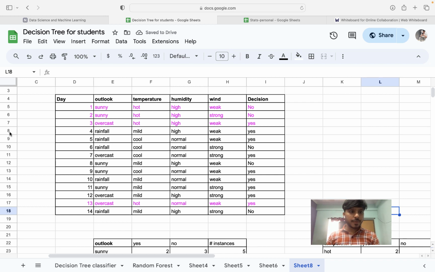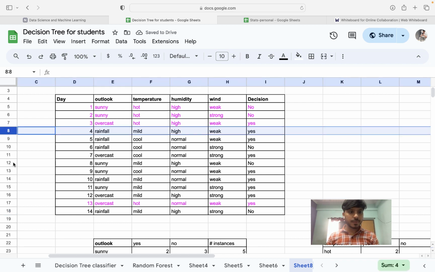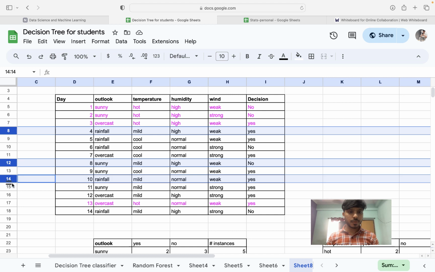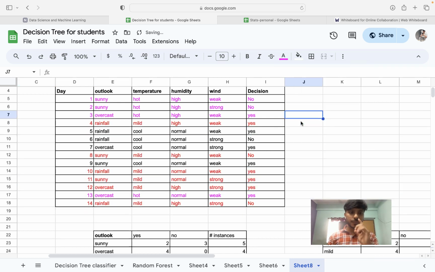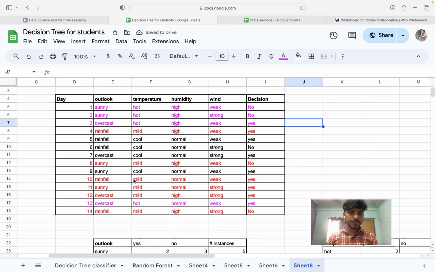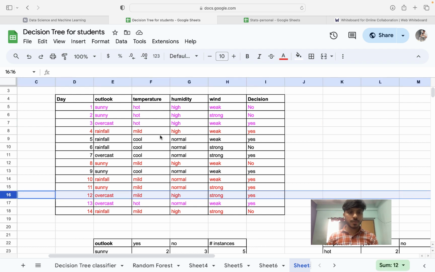Now the mild ones: mild, the second mild, third mild, fourth mild, fifth mild and sixth mild. There are 6 milds here, so let us give a different color to them. Did we miss one?